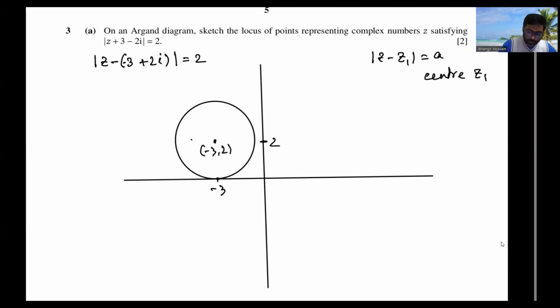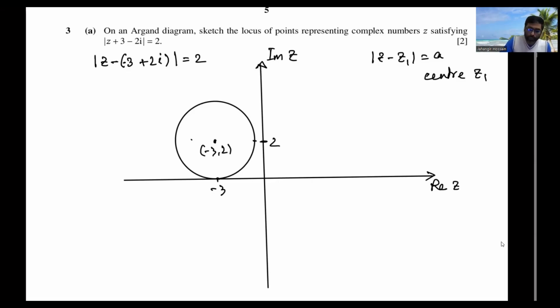This is the radius. So this point is minus 1, 2. This is our real axis. This is imaginary.